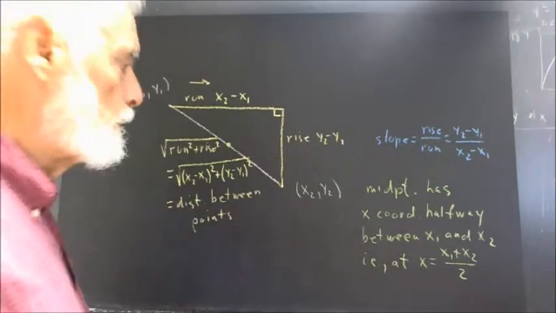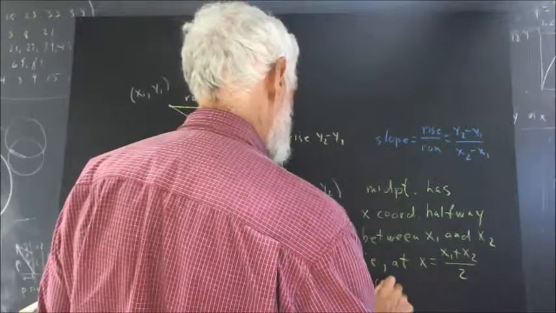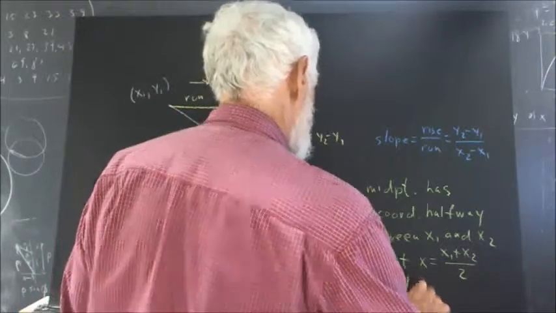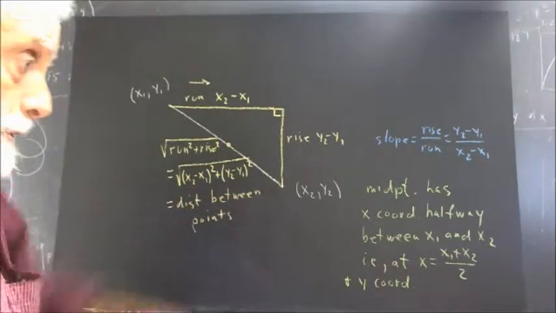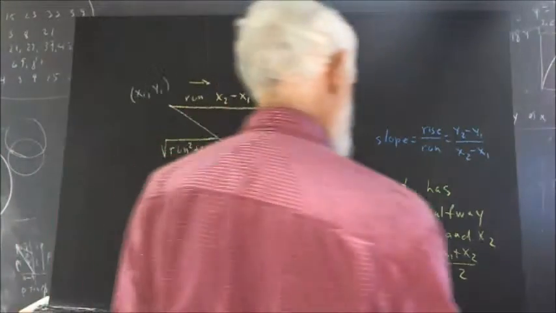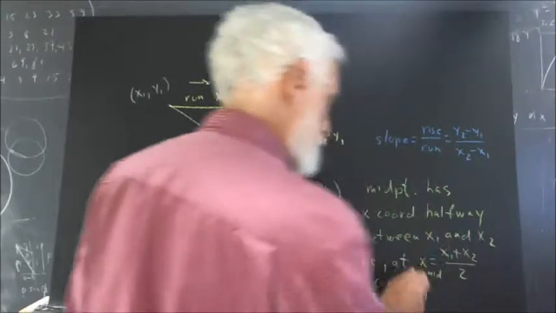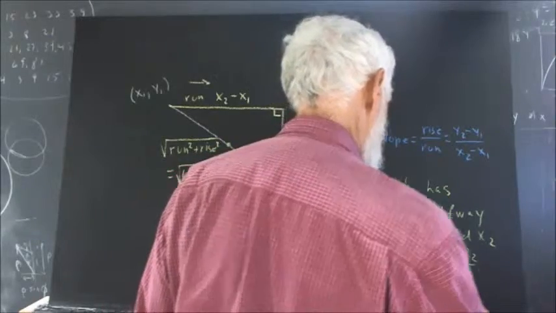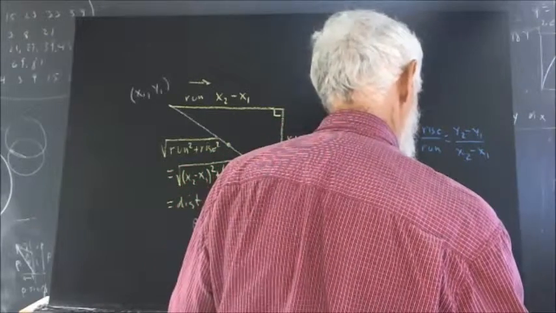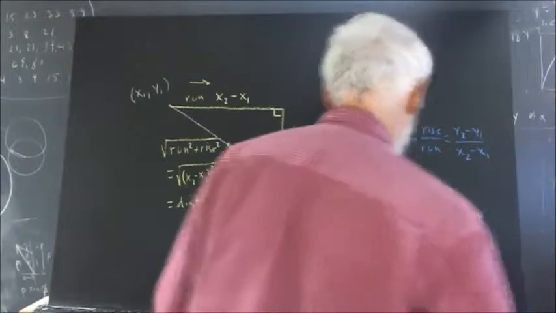Okay, and also, the y-coordinate is going to be halfway between y1 and y2. So the y-coordinate, I put a mid there, that's x mid, this is y mid, equals y1 plus y2 over 2.